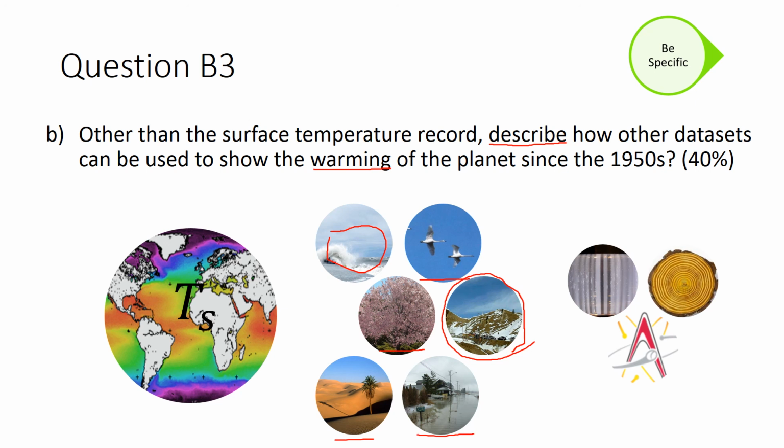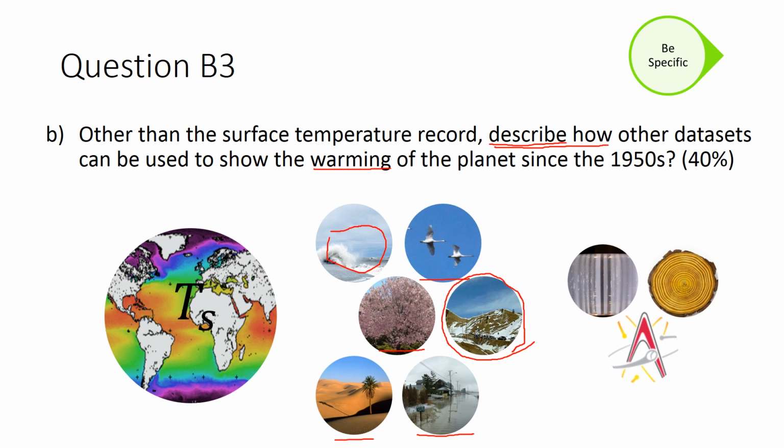You might want to then describe how. Okay, so this is describing how. So in the case of sea level rise, you could say that in a warming world, the oceans will expand, ice will melt from the ice caps, but also from continental ice, from glaciers in lower latitudes, and continental water storage due to desertification will also release water into the ocean. So you need to describe how as well as just listing.